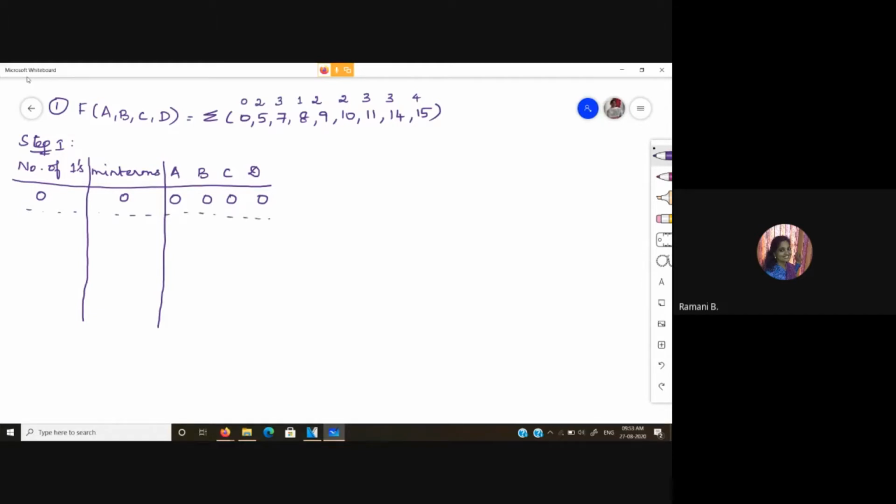Next, with 1 number of ones, we have 8 alone, so 1, 0, 0, 0. Then with 2 number of ones, we have 5, so 0, 1, 0, 1. Then 9, 1, 0, 0, 1. Then 10, 1, 0, 1, 0.